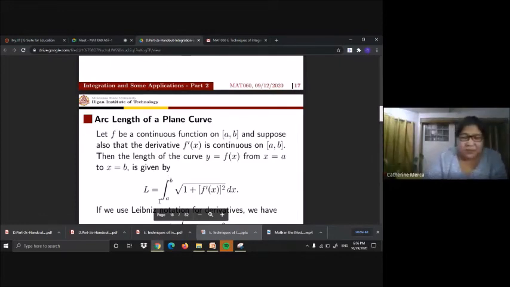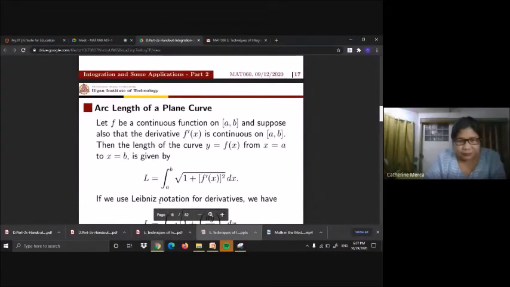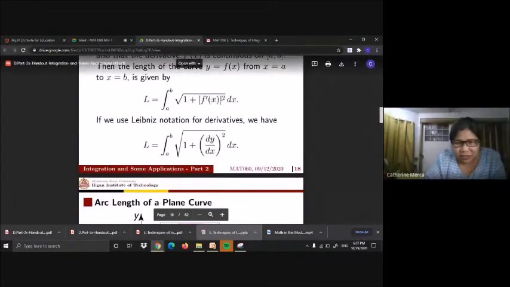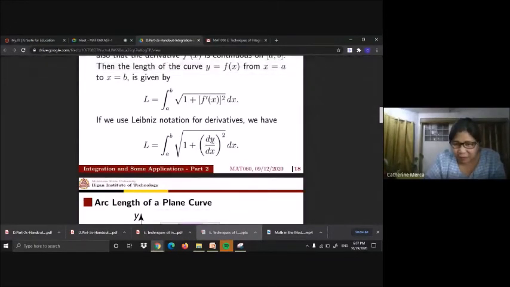Okay. So again, what is the formula? The length of arc of a plane curve is given by L equals the integral from A to B of the square root of 1 plus f prime squared dx. F prime means the derivative. It can also be a function in terms of y, f prime of y, since it is dy dx. So it is still squared.